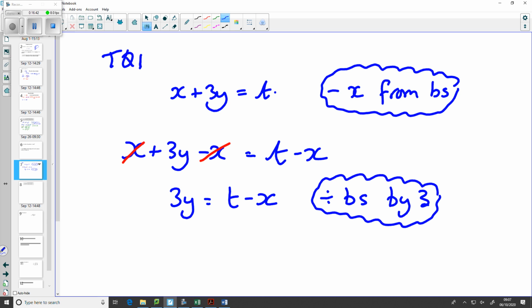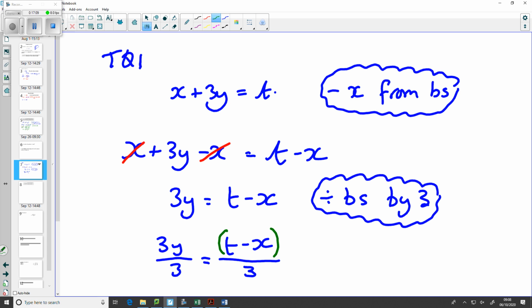So here we go. 3y divided by 3 is equal to t minus x, and we must divide the whole thing by 3. Yeah, so that line being all the way across, we don't put them on normally, but that implies brackets around that term.